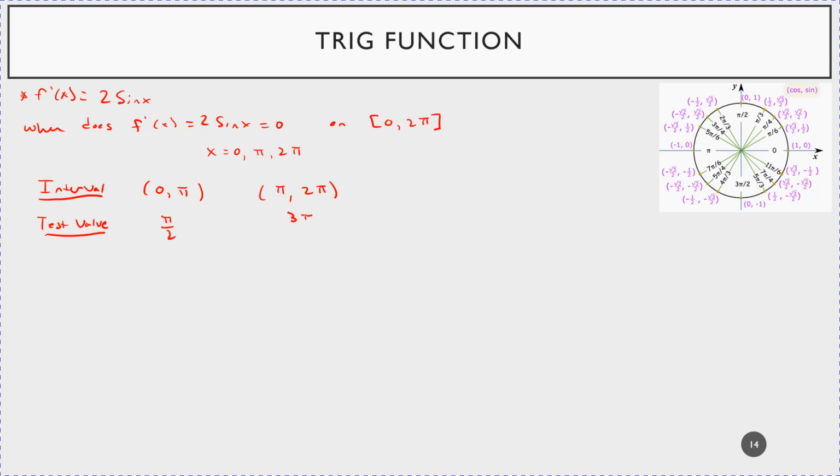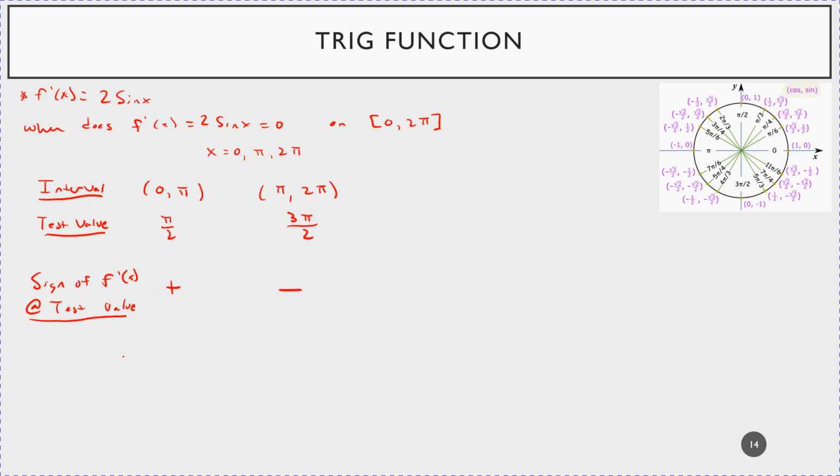Here I'll pick 3 pi over 2. And now let's look at f prime of x at the test value. Well, what is sine of pi over 2? Sine of pi over 2 is 1, so this is positive, and then sine of 3 pi over 2 is negative, so this is negative.